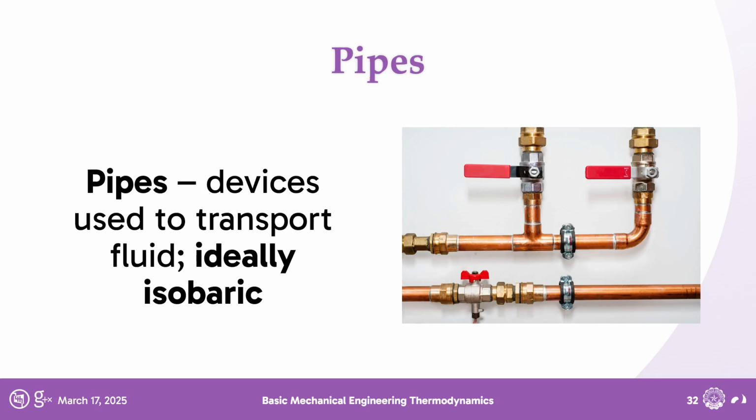What happens is that you get friction, and then they slow down. Their speed decreases, and you get head loss or energy loss. So at that point, the pressure also goes down. If your pipe is completely smooth, nothing like that is going to happen. But of course, this is ideal. Ideally, it should be isobaric.